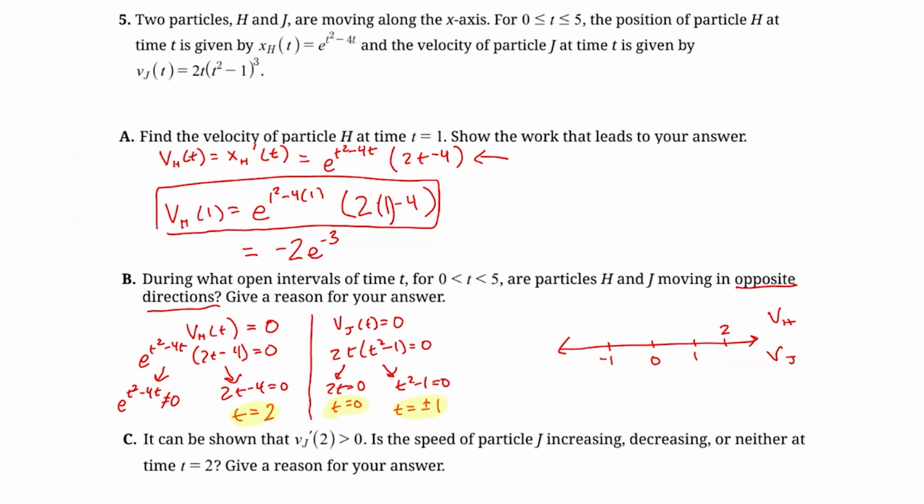So now let's start with the velocity of particle h. When is that positive and when is it negative? There are only 2 intervals there, everything before 2 and everything after 2. So we could pick any number we want and plug that into the function for VH.